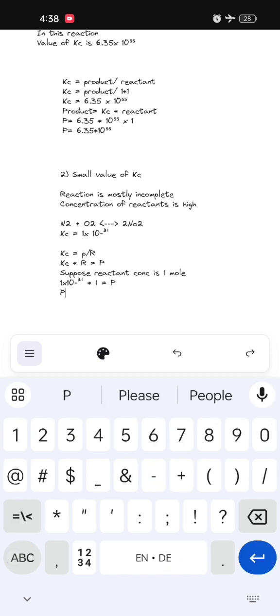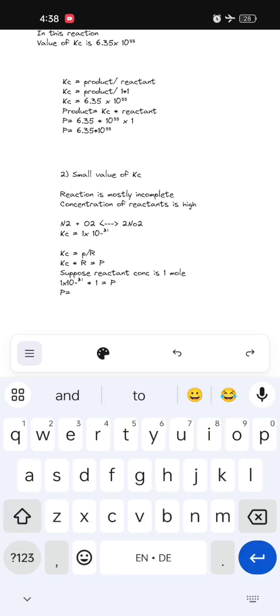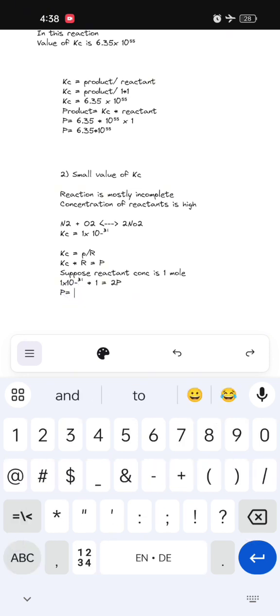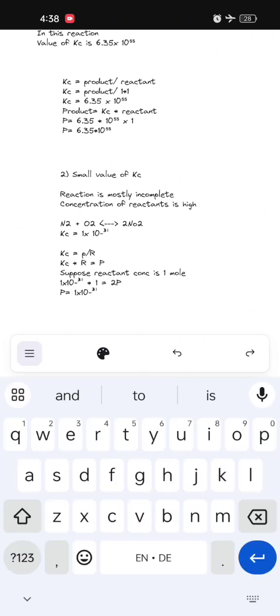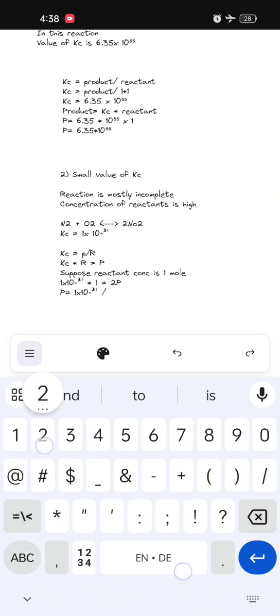So P is equal to... in the product we have 2NO2, so here we have 2P. So P is equal to 1 into 10^-31 divided by 2.